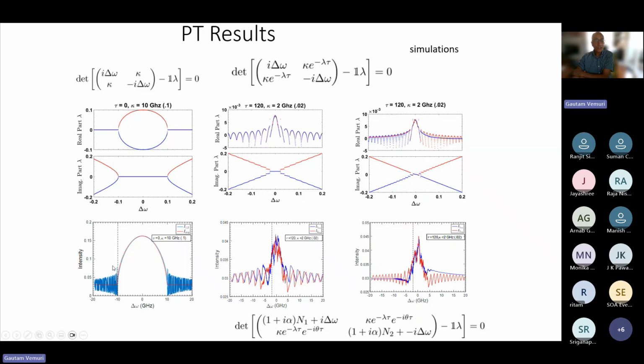Down here, what I'm showing you is that I have solved that set of 4 coupled differential equations for E1, E2, N1, and N2. Again, I've set kappa equal to 10 gigahertz, which in my scaled units is the same as this 0.1. So this is where the exceptional point is, where I expect the eigenvalues to transition from complex to real.